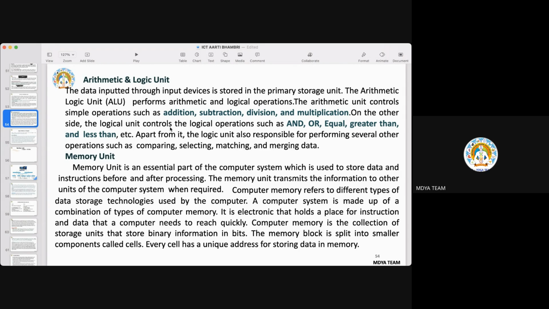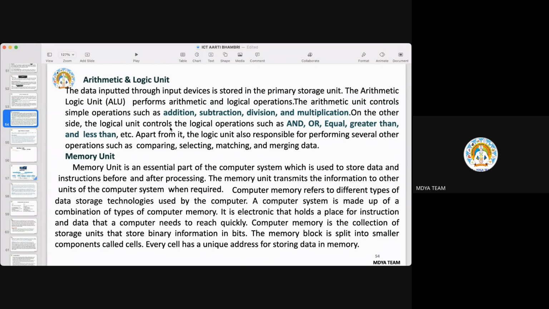So for storing such software or inbuilt instructions, given by the company who manufactured your system, they are stored in a unit called the memory unit. Now, this memory unit transmits the information to other units of the computer system when required. So computer memory refers to different types of data storage technologies.